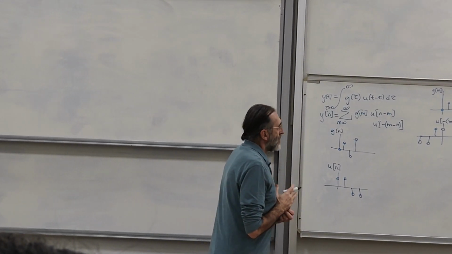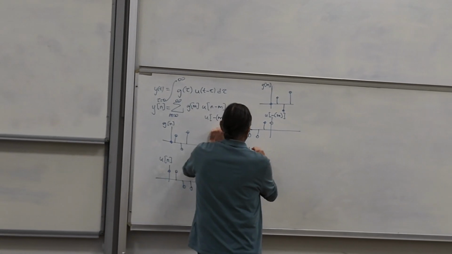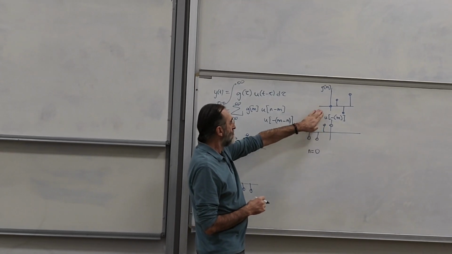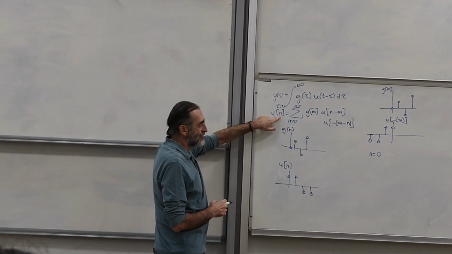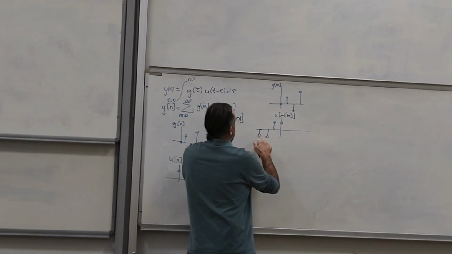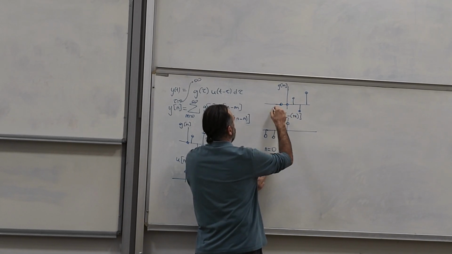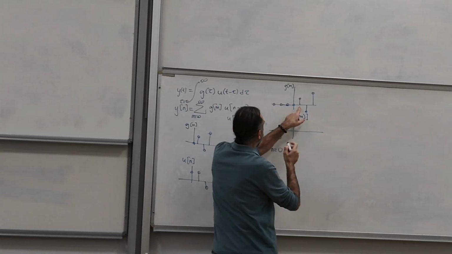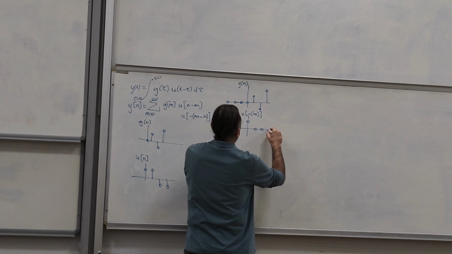I'm going to take first n equals 0, and do this multiplication first. Get y of 0. So the multiplication is going to give me this. The corresponding value is 0. The corresponding value of g is 0. The corresponding value here is 0, 0, and 0.